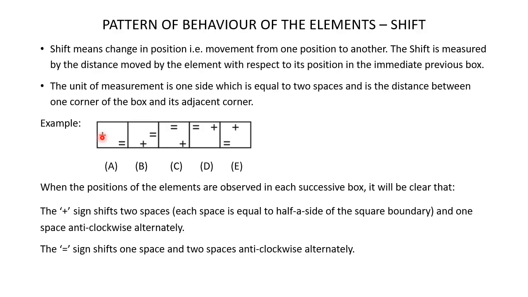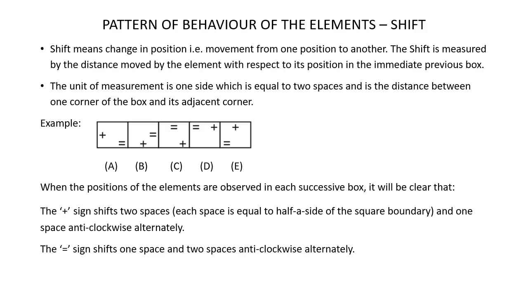So the plus sign shifts two spaces and one space anti-clockwise alternately. So in the next box, the plus sign has to shift two spaces in the anti-clockwise direction. So the plus sign is in this place. In the next box, the plus sign has to shift one space in the anti-clockwise direction. So the plus sign is in this position.